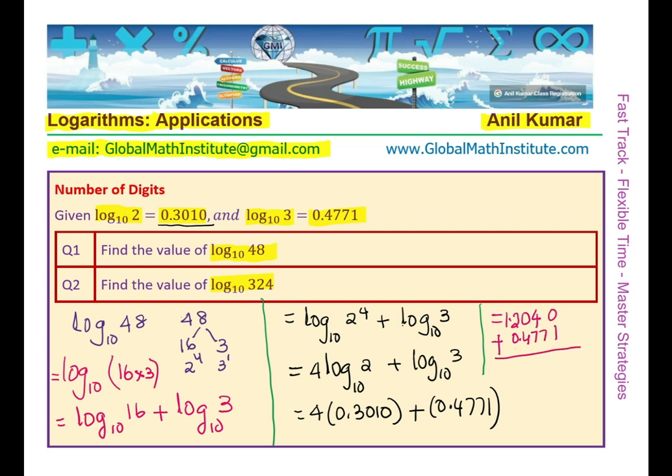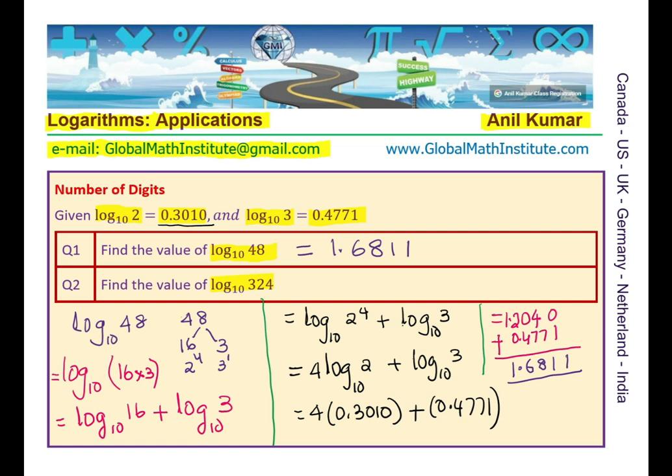When you add them up, you get your result, which is 1.6811. You see how we found this value as equal to 1.6811. Makes sense, correct? So that is a strategy which is going to be adopted for solving such problems.